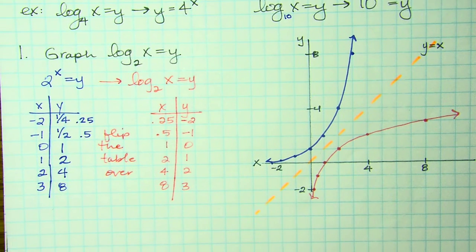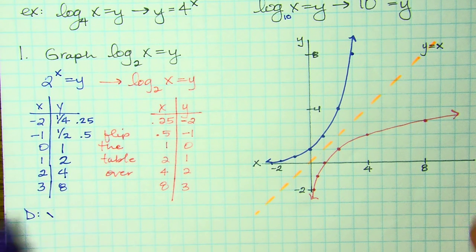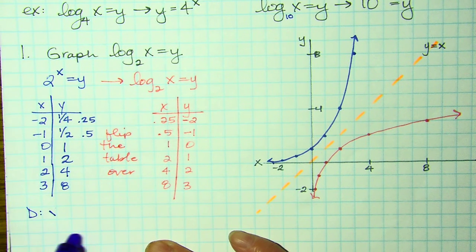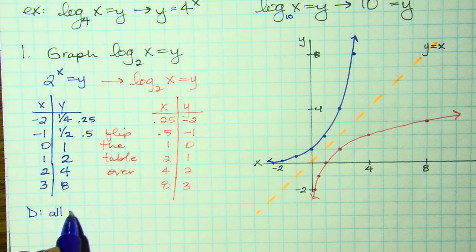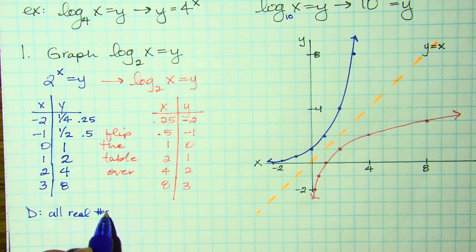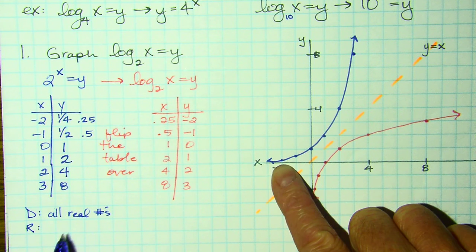Now we're going to do domain and range. So the domain of my exponential, x, is all real numbers, but for range, if you'll notice, my range isn't going to go above where y is 0.